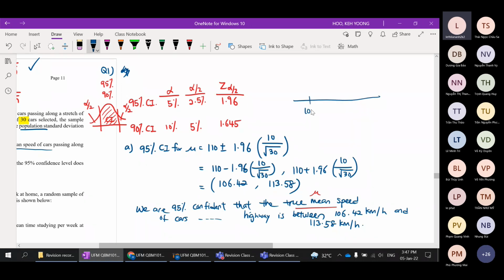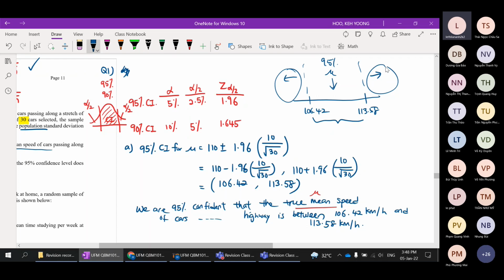So we are sure that somewhere between these two values lies the population mean. 95% confidence, but there is also a 5% chance that the population mean is less than 106 or more than 113, so that we will make the wrong estimation.